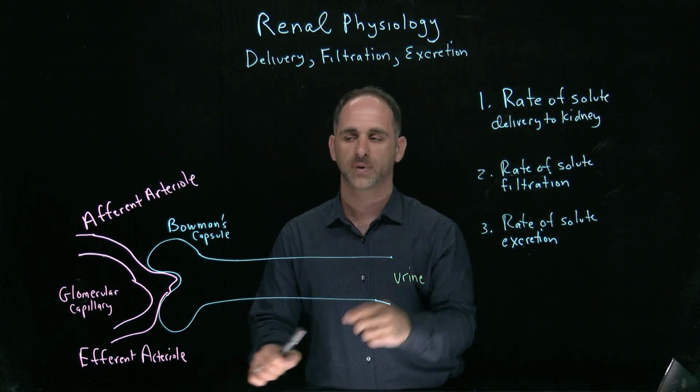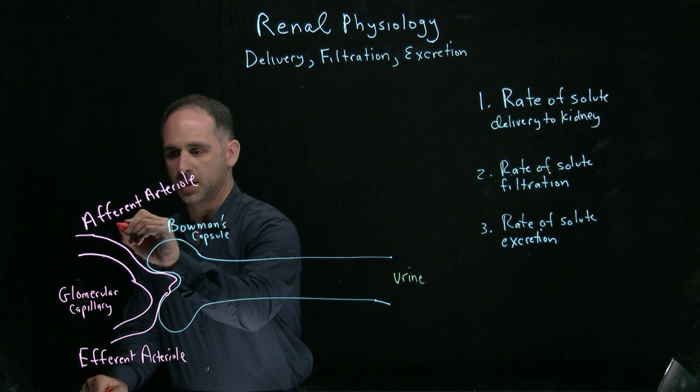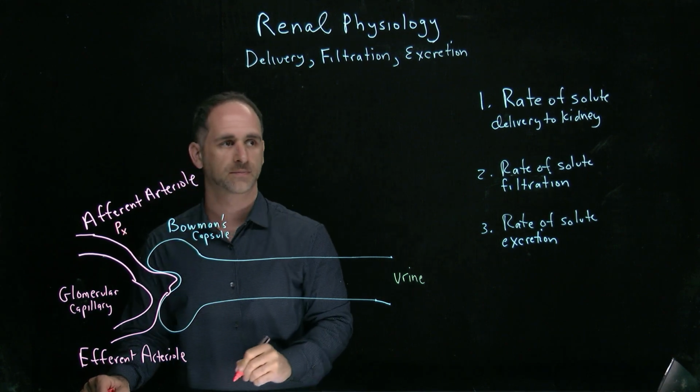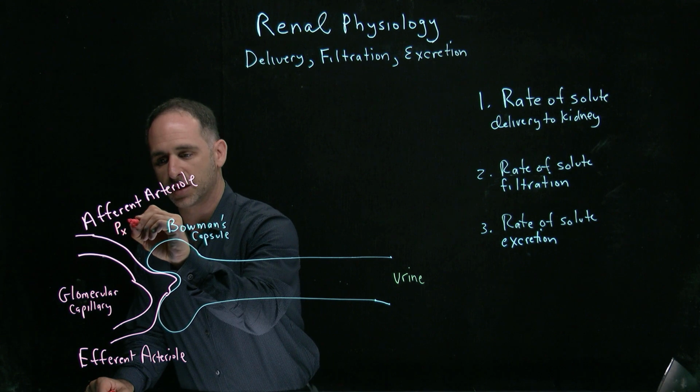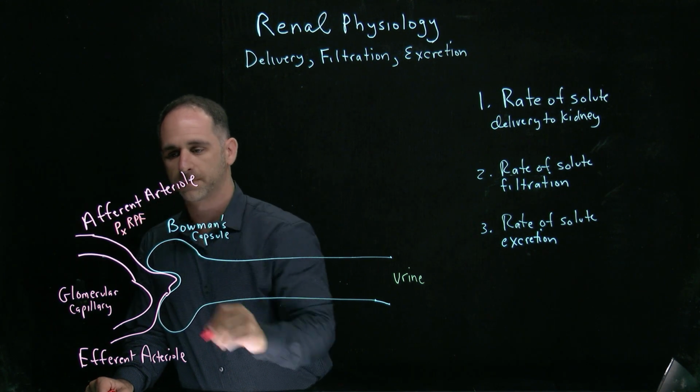So number one, what we would do is we would go over here and we would write the plasma concentration of X times the flow rate, which is going to be the renal plasma flow.